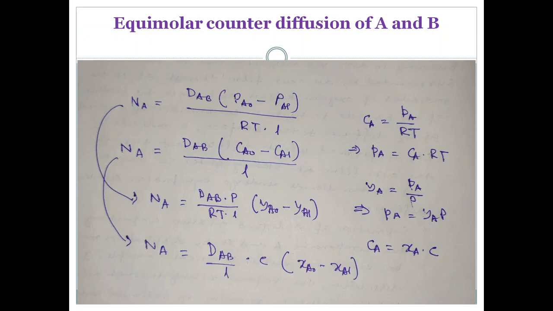If flux is high, I can get better separation in mass separation equipment. And we know that there are different types of concentration, accordingly there will be different types of driving force, and that's why we have calculated all the possible ways for diffusion of A through non-diffusing B. That is one case.